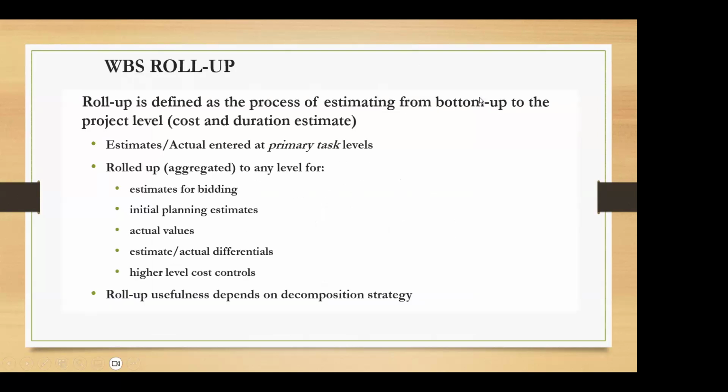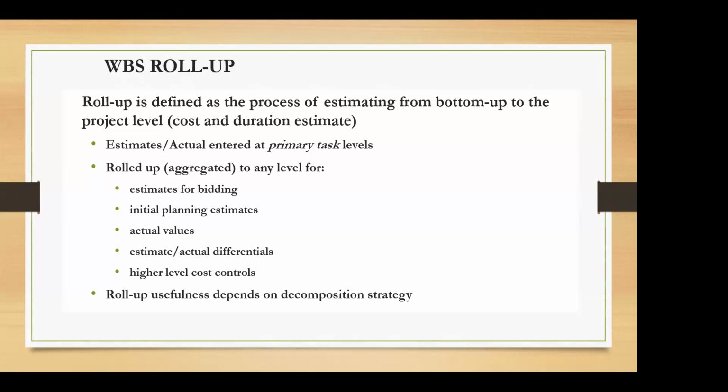Okay, a little bit about the WBS roll up, right? We talked about the bottom-up approach, the roll up. Roll up is a process of estimating from the bottom up to the project level.